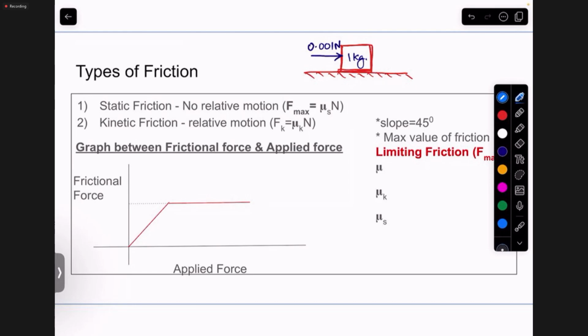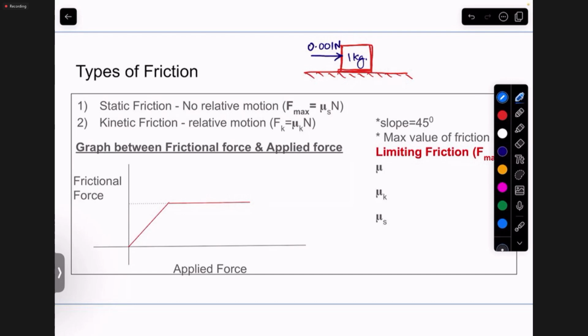If you are trying to oppose the motion by applying force, then it will try to decelerate the motion. And if the force is large enough, then it will change the state of motion to a state of rest for that object. So now this 0.001 Newton, even if it is a very small force, is trying to create a motion for this object, right? So that is what is called impending motion.